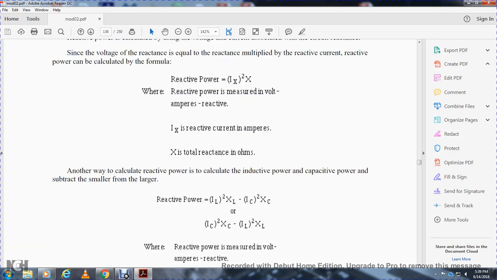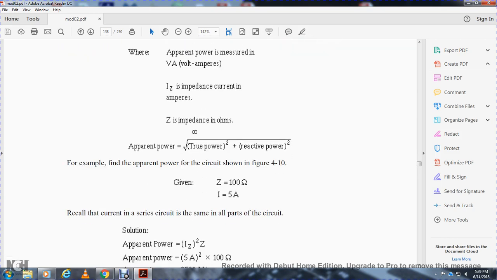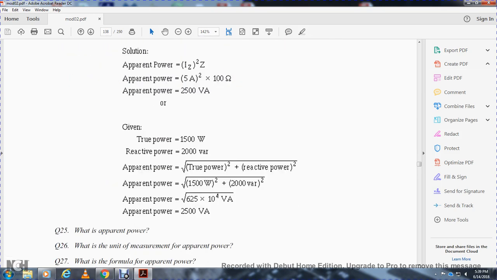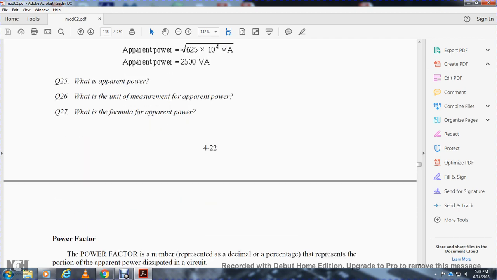Alright, volt-amps reactive. Okay. You have your apparent power is 200 volts active, true power 250 volts active.